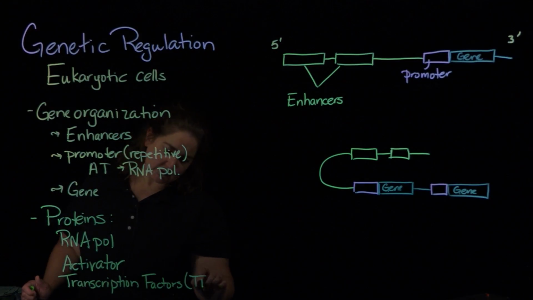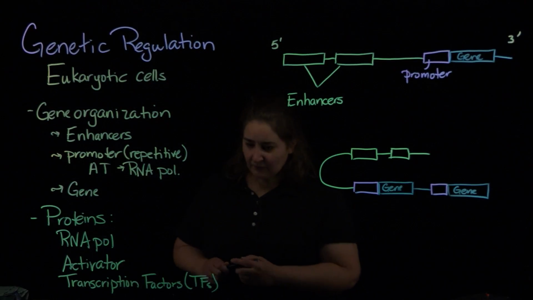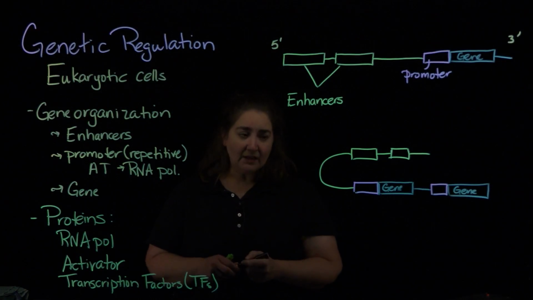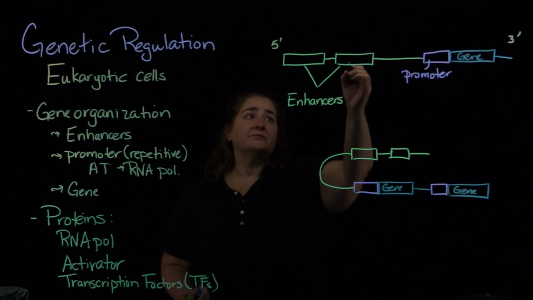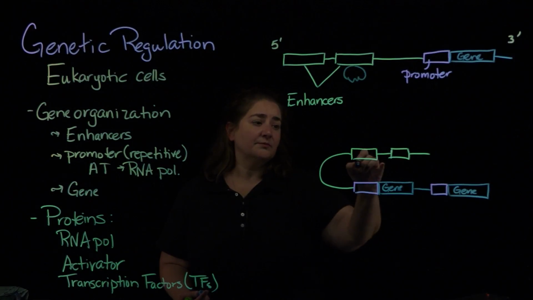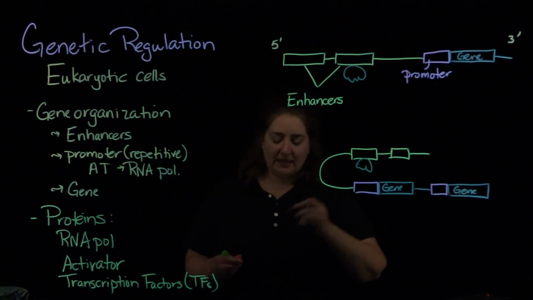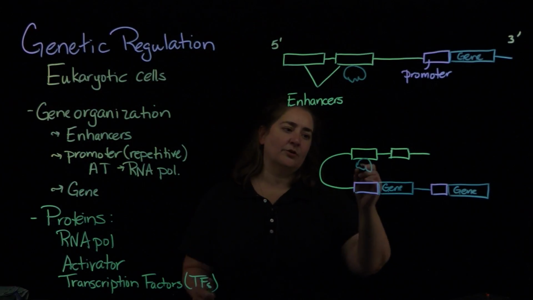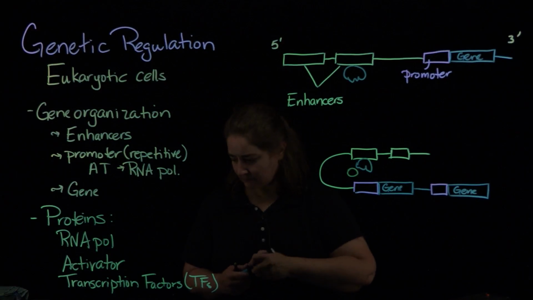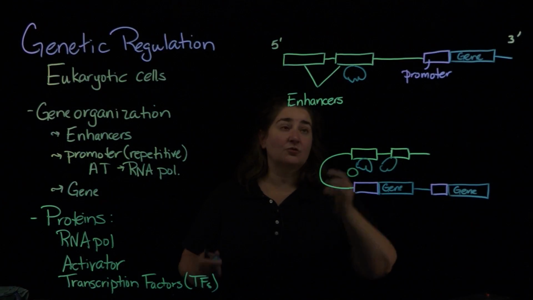Very often you'll see that abbreviated TFs, okay? And really what we've got in the diagram in your book, the activator protein is there. The activator protein might be something that binds to our enhancers. And this is going to help bend the DNA in conjunction with our, let me draw that as a circle. Transcription factors.